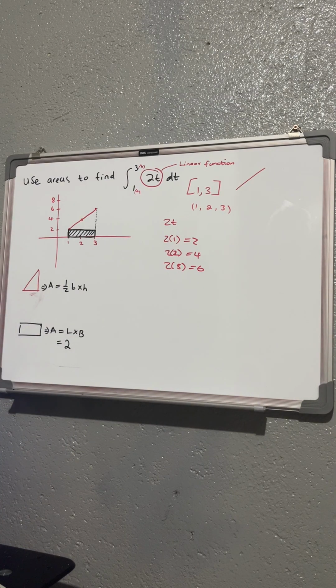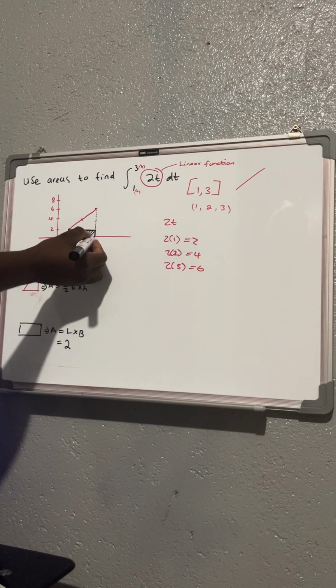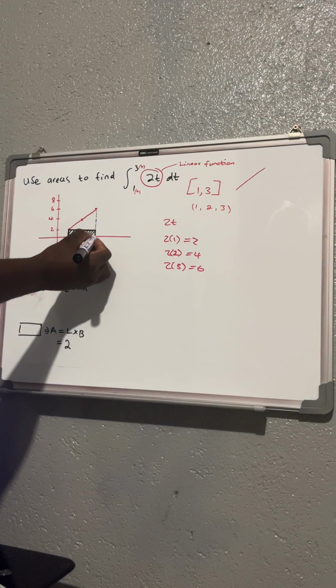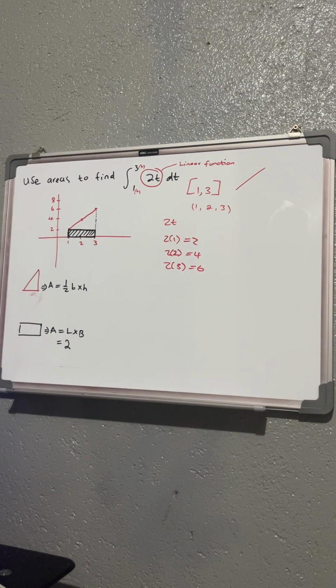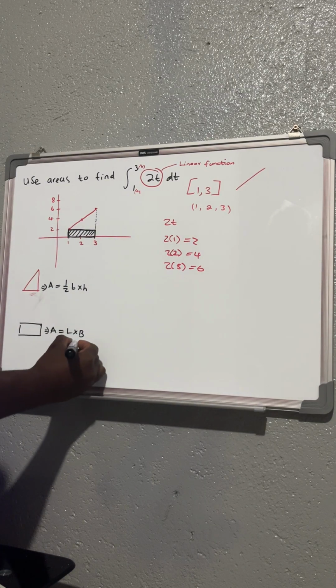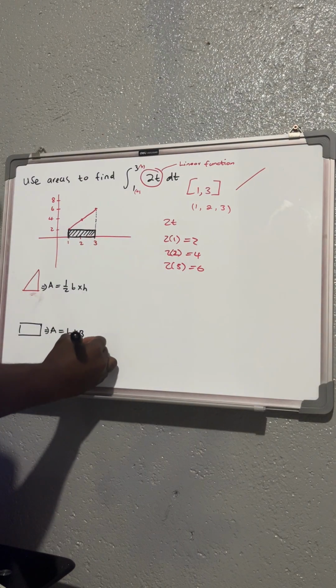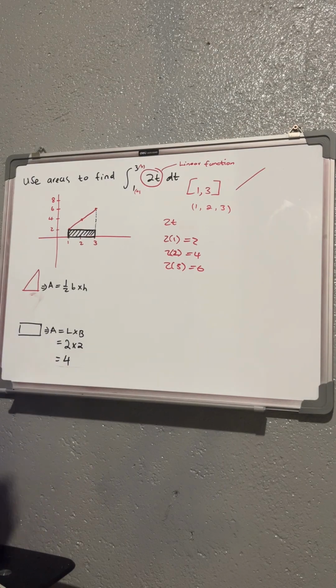How do I get my 2? A lot of people make the mistake of using the 3, but to be safe, always subtract the number on your right from the number on your left. Your 3 minus 1 will give you your 2. Then your breadth is definitely from here going up, which is 2. Then this will give you 4.